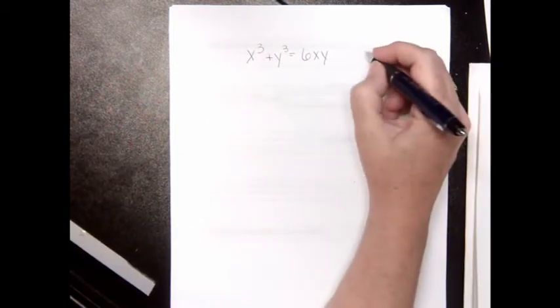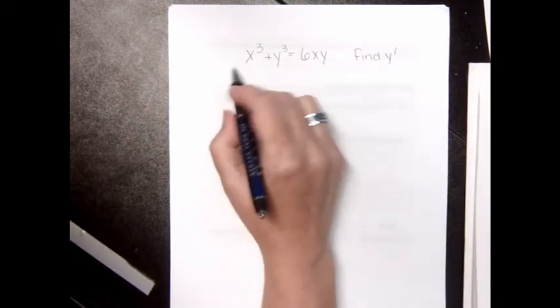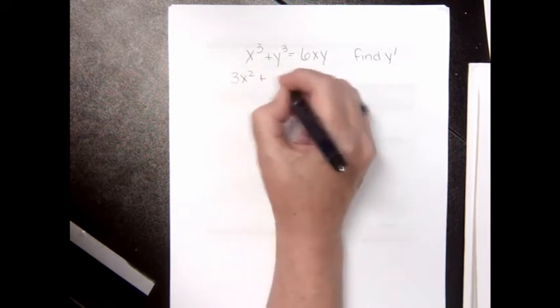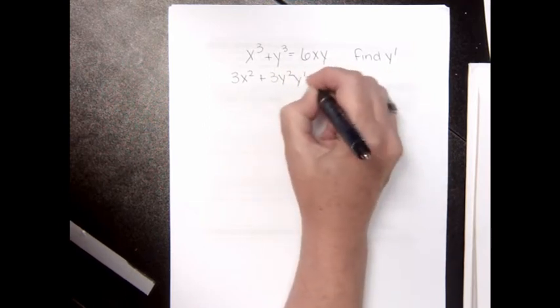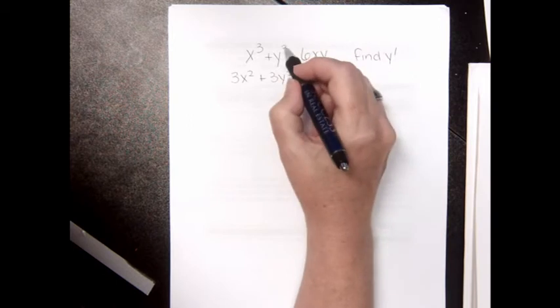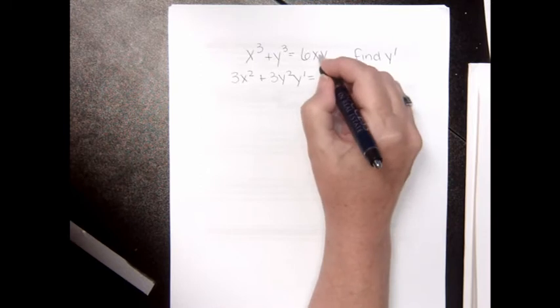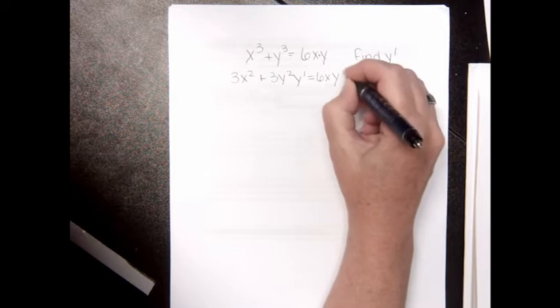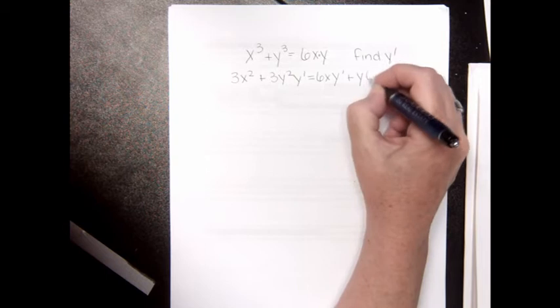Now, if I differentiate this, which is the first thing, find y prime, I go straight through and I have 3x squared plus 3y squared y prime equals, now, and again, 3y squared y prime, and over here I have the product rule, so that would be 6x, differentiate y is y prime, plus leave y alone, differentiate 6x, and I get 6.